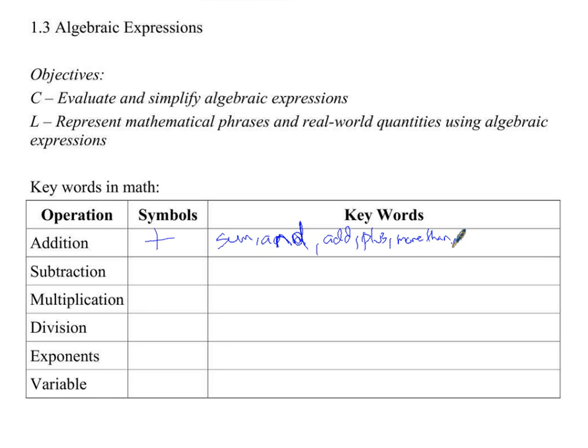Together or all together sometimes you might see. There's more. Definitely one more. I'm going to leave that one off because a quantity is an amount, not a sum necessarily.